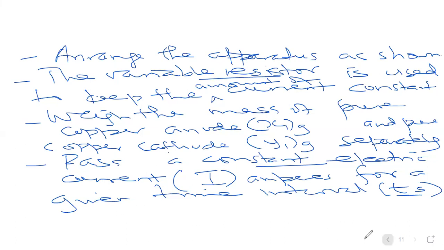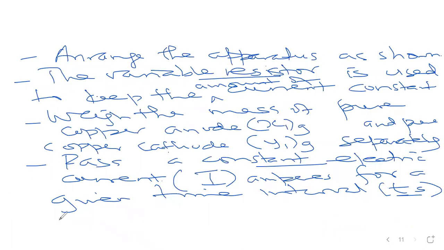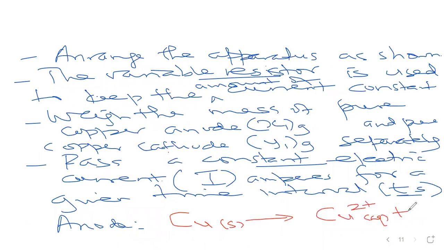So after that period of time, the copper anode will have dissolved and some copper will have been deposited at the cathode. In other words, at the anode, what happens? At the anode, so long as you're using copper electrodes, the anode dissolves to give us copper 2 ions. That's why the solution remains blue and doesn't fade in color. Then what happens at the cathode?